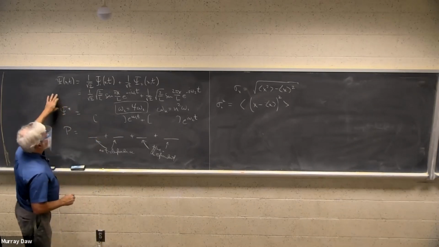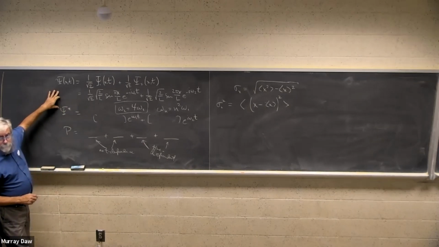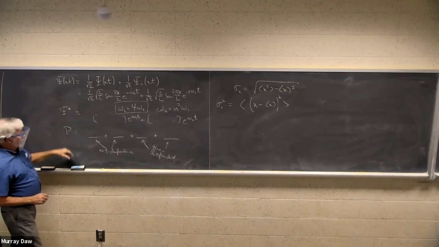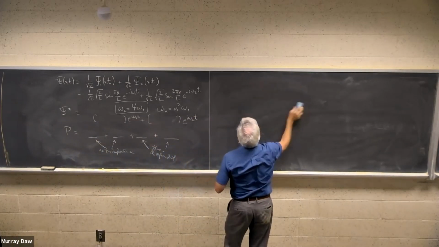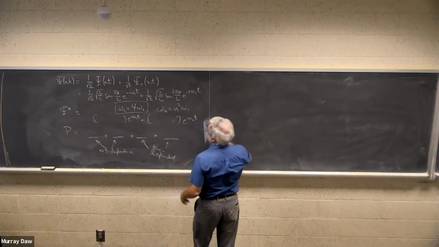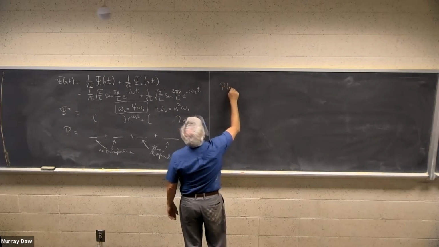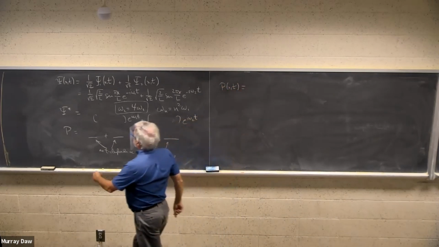Okay, so why don't we just go ahead and work this out. Multiply this out. I did it Friday. Let's do it again. This is a particular superposition of two particular pure modes. Okay, I'm going to multiply.